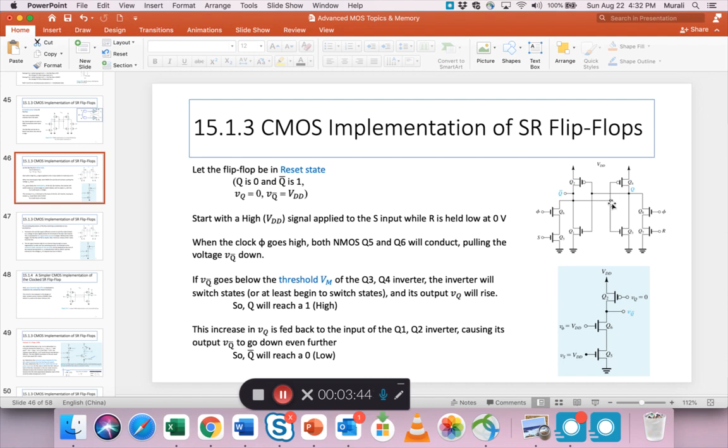So this particular output here goes low, and that output, which is also VQ bar, is going into the gates of Q4 and Q3, and so when the input goes low, you expect the output of that particular inverter to go high, because it's an inverter, right? So that is the operation that we are attempting.